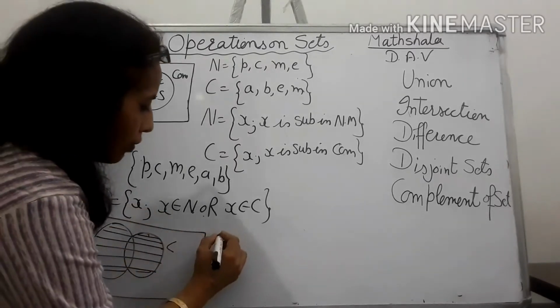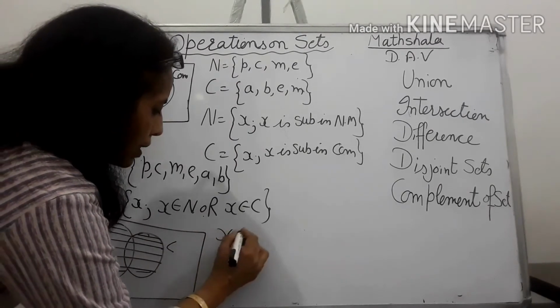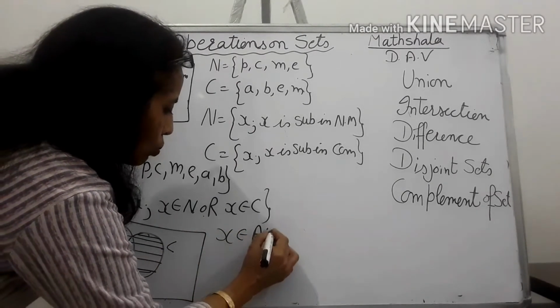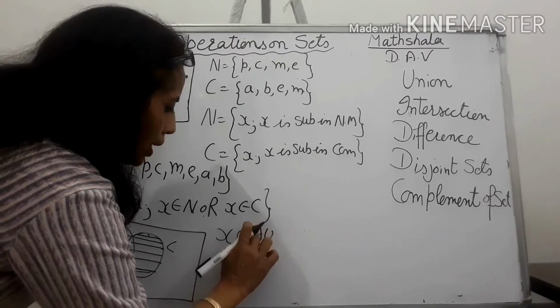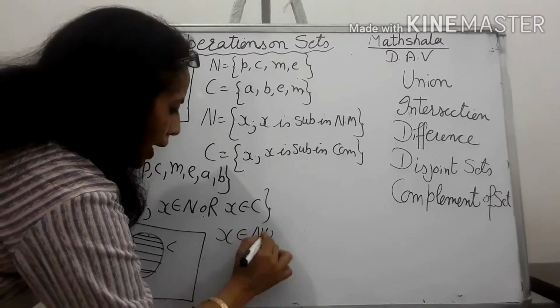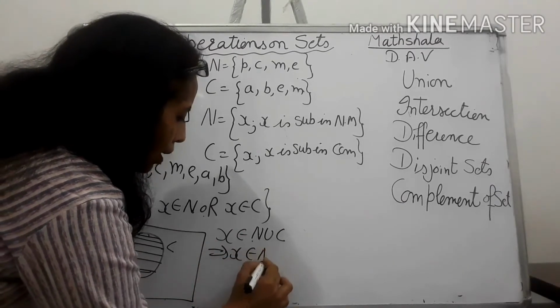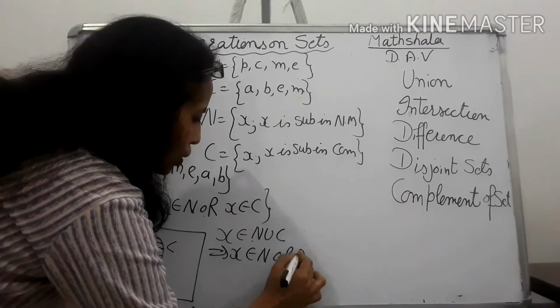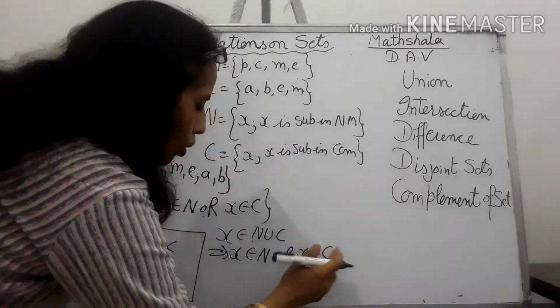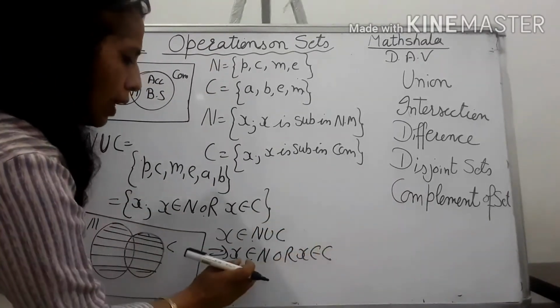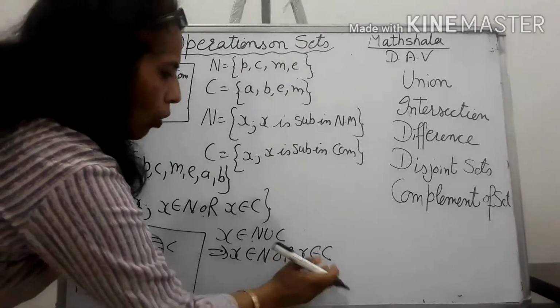In another way we can say, if x is an element which belongs to the union of the two sets N and C, it implies x belongs to N or x belongs to C or both. But we will not write 'or both'; we write either in N or in C.